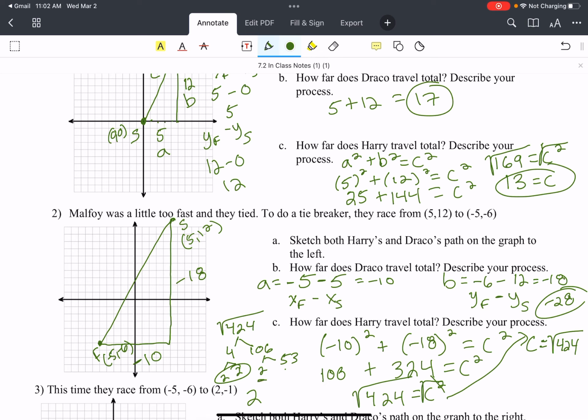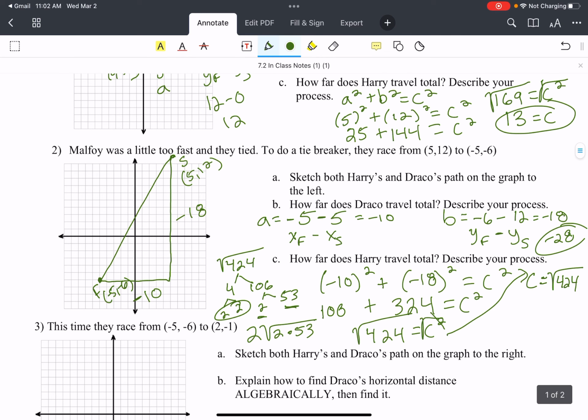And then my leftovers go on the inside. And then you remultiply them. Answer is 2 square root 106.